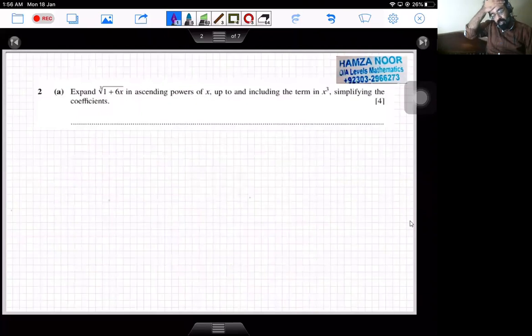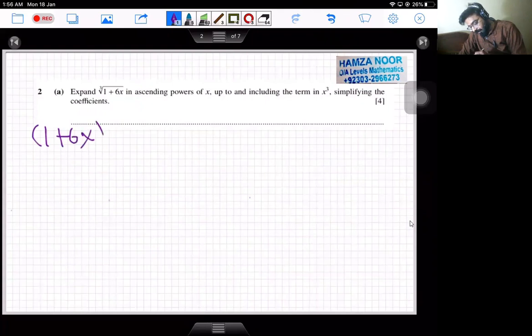Question number 2 is regarding the topic binomial expansion: expand the cube root of 1 plus 6x in ascending powers of x up to and including the term in x cubed, simplifying the coefficients. This can be rewritten as (1 + 6x) raised to the power 1 over 3.